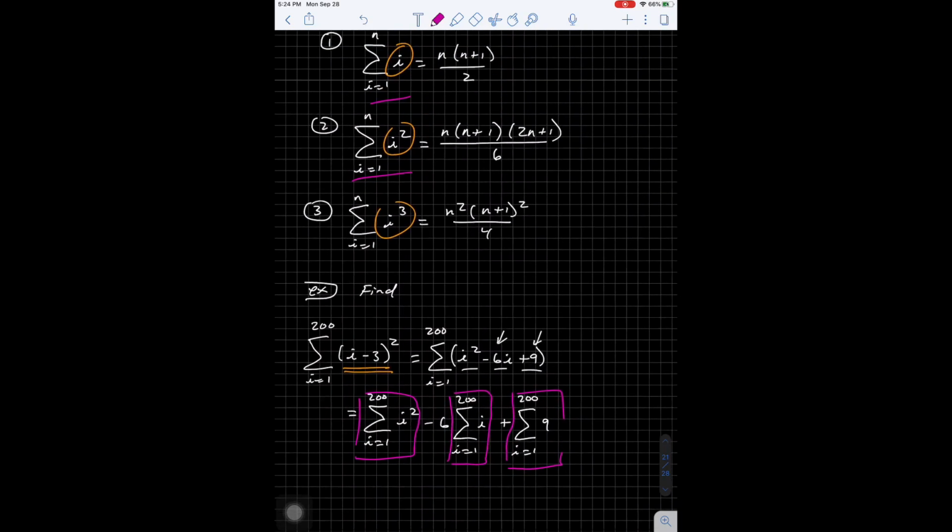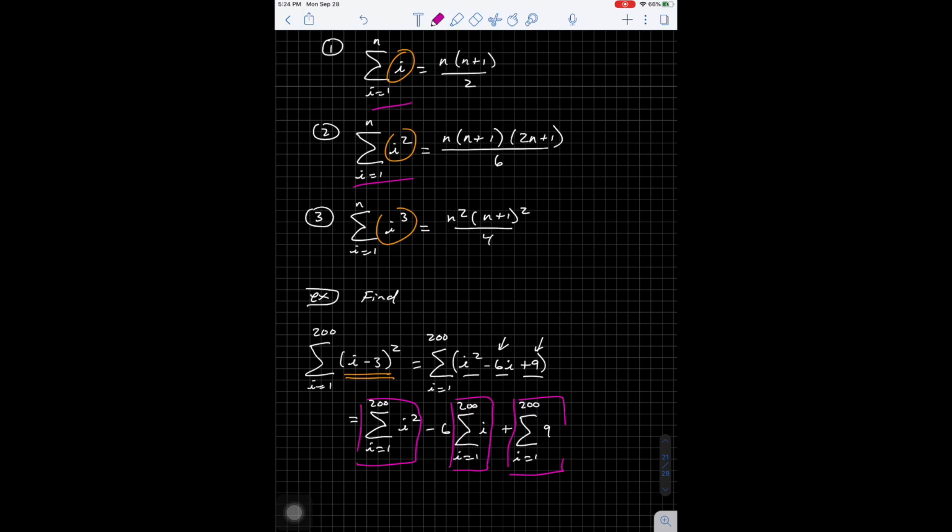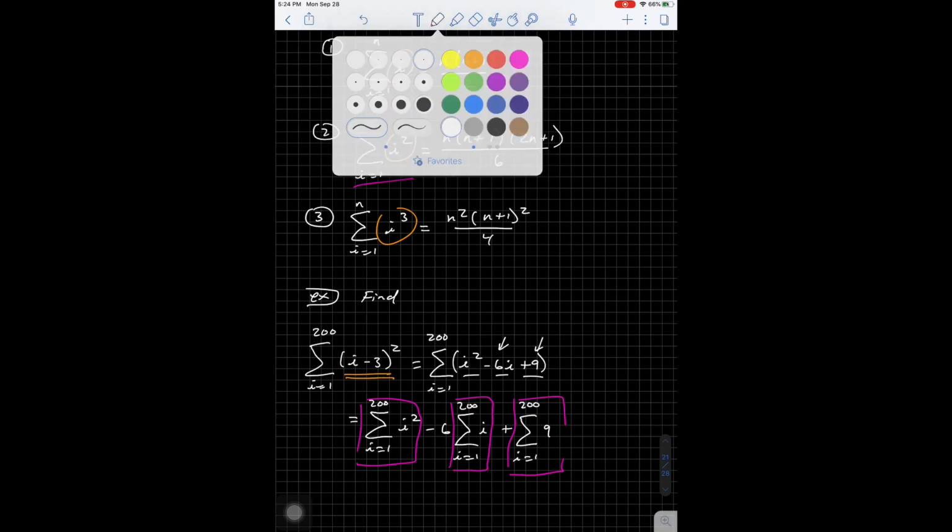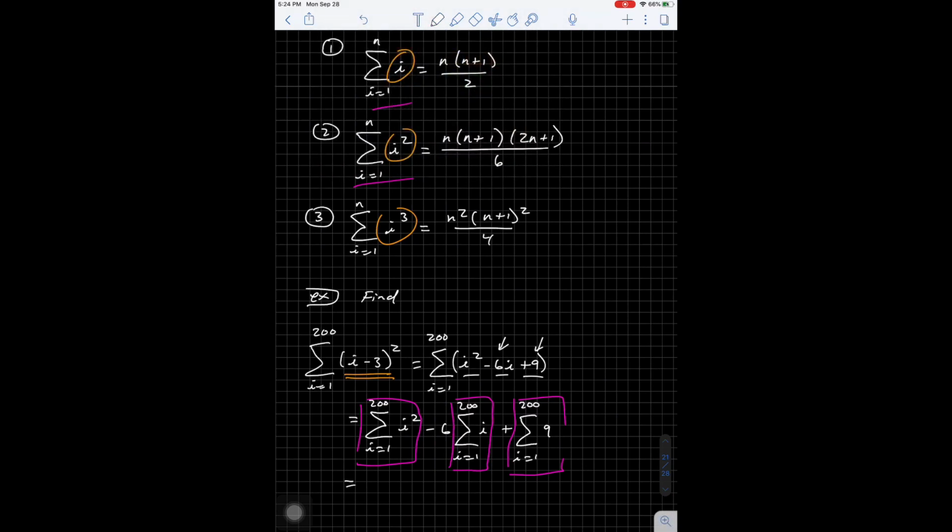So here we go. I'm going to plug in those formulas. Now instead of this first sum, I'm going to plug in this formula. Whoops, that's supposed to be a 6.